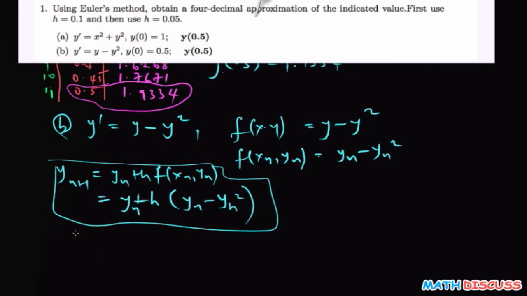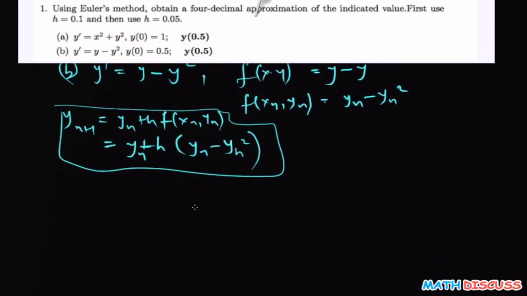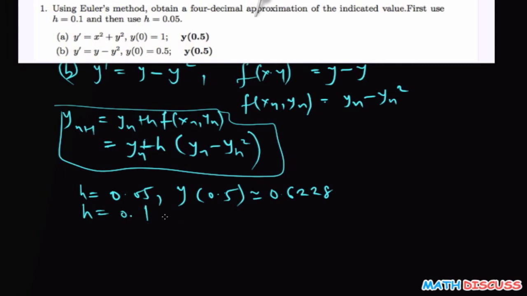For your h equals 0.05, the y value should be approximately 0.6228, and when you use a step size of 0.1, the y value you should obtain at that point should be 0.6231.